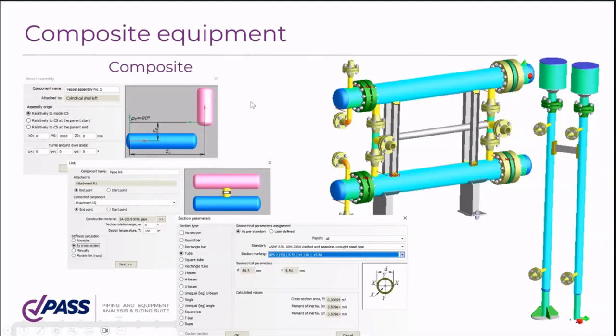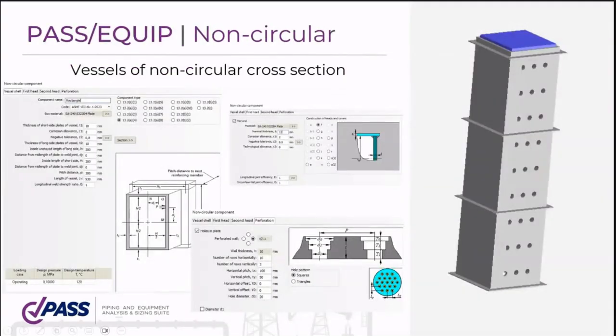So you can define different types of link, like a rigid link, some type of beam, and so on. We also support non-circular, for example rectangular, cross-section equipment like this one, with arrays of holes and so on.